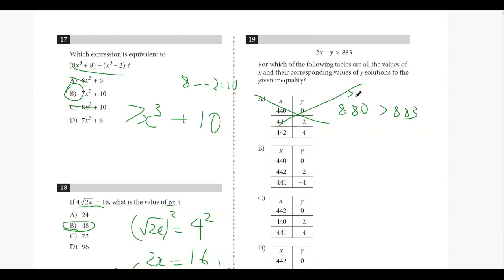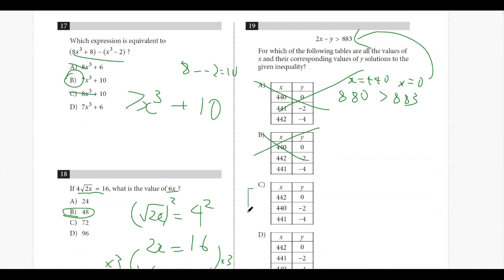For this, I plug x is equal to 440 and y is equal to 0 into this relation here. Same here. B is also wrong. Now we're left between C and D. So 442 times 2 like this.